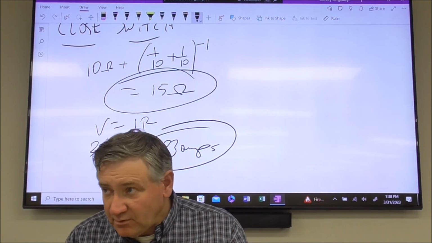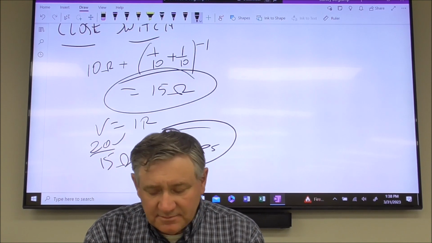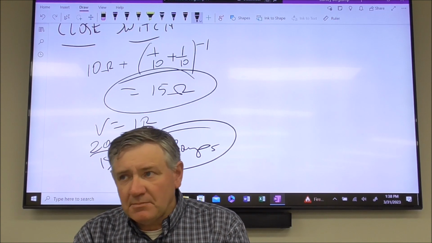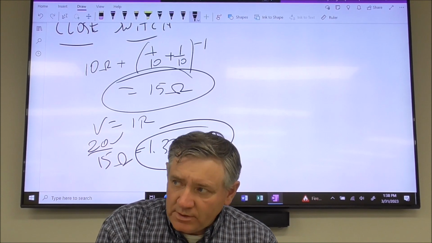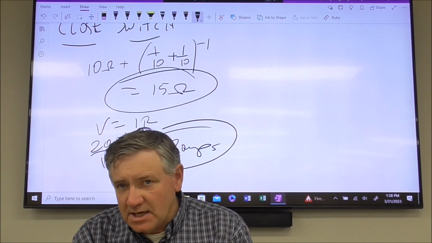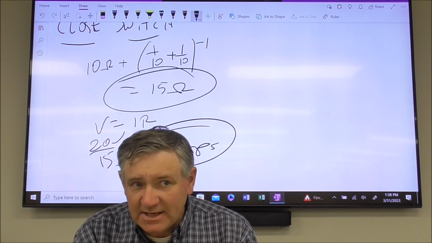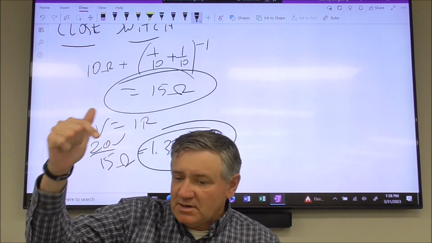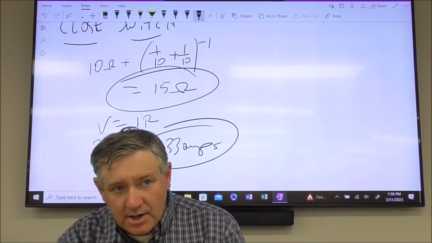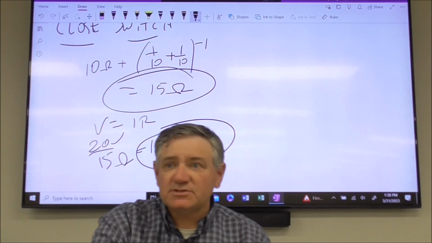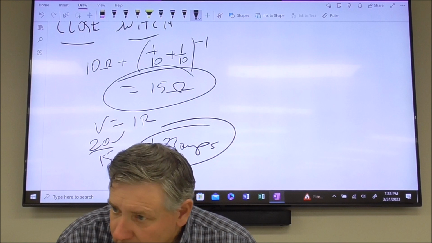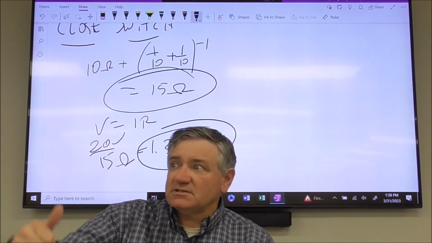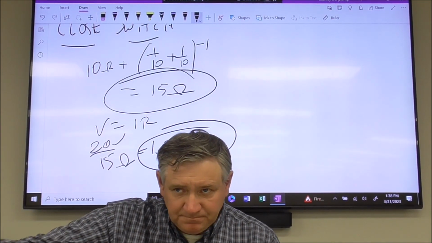You still have the same voltage, and this is the classic situation where you have to keep in mind what you're holding constant and what you're changing. It's still the same battery. So now my current has gone up, because I have the exact same voltage divided by a smaller resistance, so I get a bigger current.